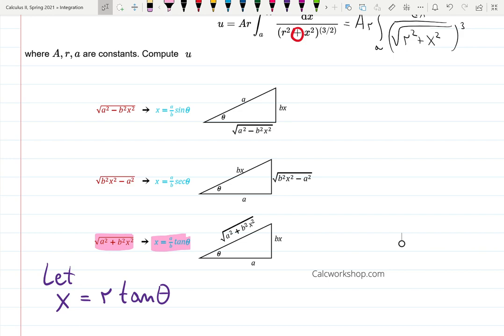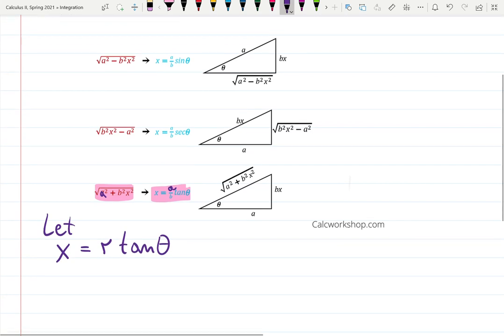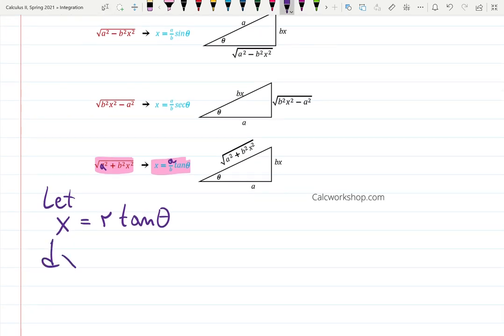Because of this r constant, we need to multiply. In this formula, R was squared, so there's going to be a times tangent, but in this case it's r times tangent. Now dx is r secant squared theta d theta.